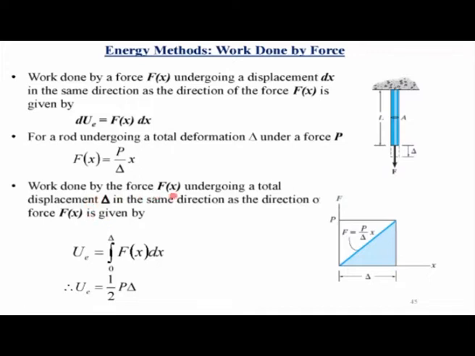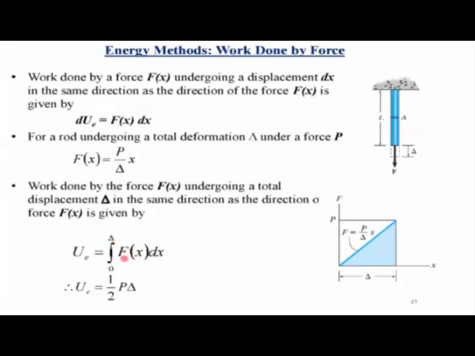Now the work done by the force Fx undergoing a displacement dx in the same direction as the force Fx is given by Fx dx, as we saw. Now that is for the small displacement. If you have to get the work done for the entire displacement from 0 to delta, you integrate it from 0 to delta with respect to x.